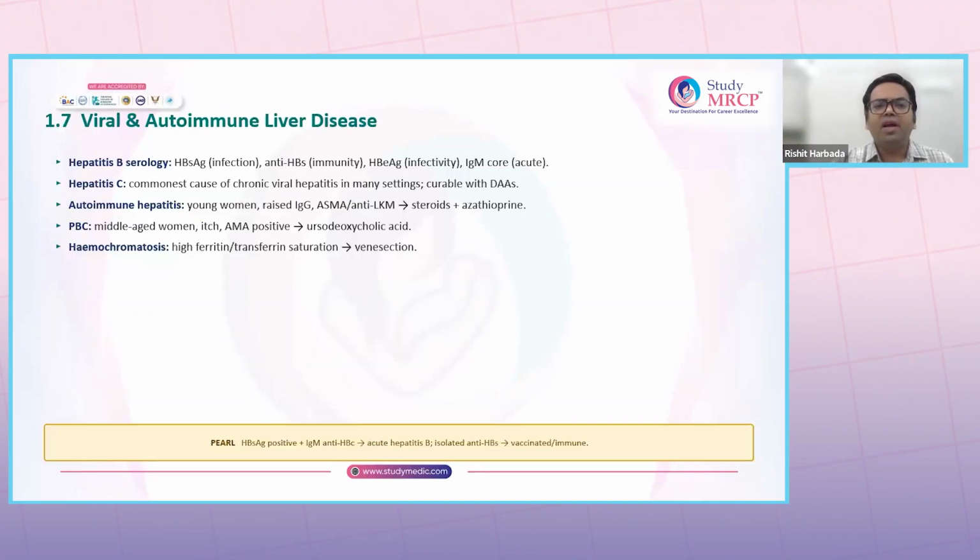Just 2 minutes. Regarding primary sclerosing cholangitis, it is going to be associated with inflammation and fibrosis of the large intra and extrahepatic ducts, usually seen in younger patients with ulcerative colitis. If I have a question where there's ulcerative colitis present, think about primary sclerosing cholangitis. Okay, so again, they will present with itching, jaundice, cholangitis, and here the p-ANCA will be positive.